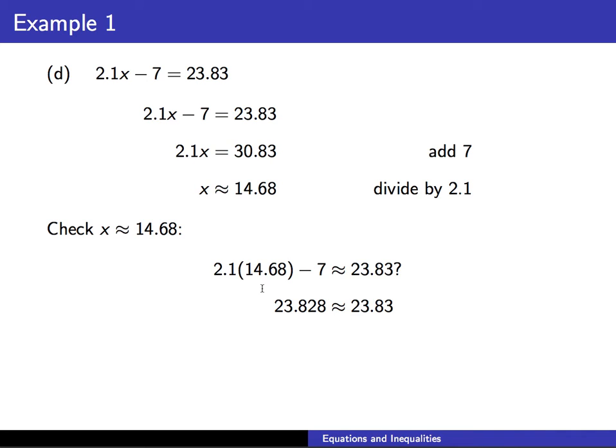So keep in mind that if you're using an approximation to check your answer, you might not get it to be exact. If we round to two decimal places, it is exact here. But again, it depends on the problem and how far you round off your value of x. So x is about 23.83.